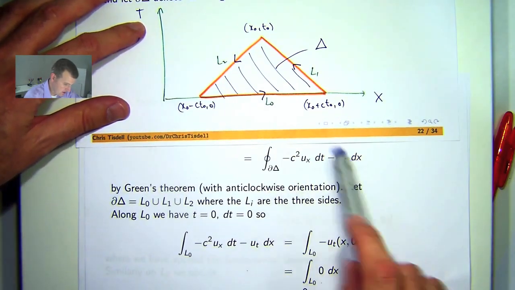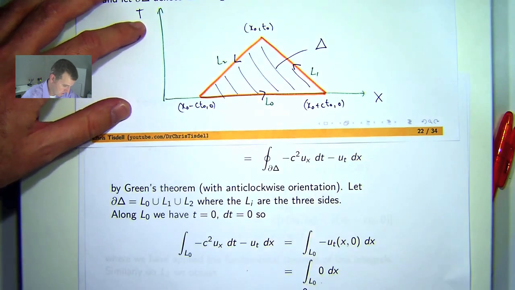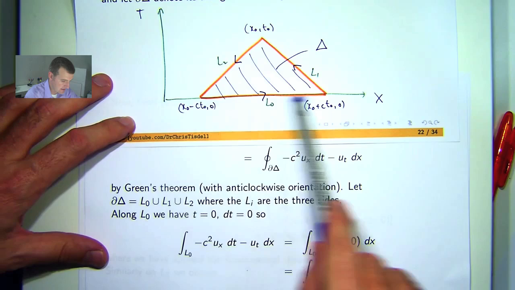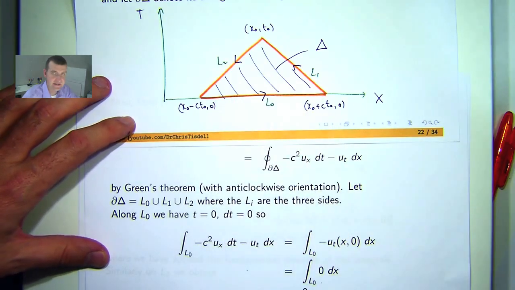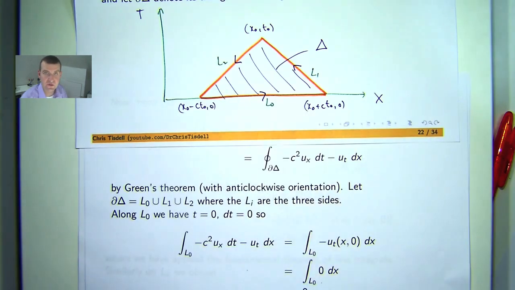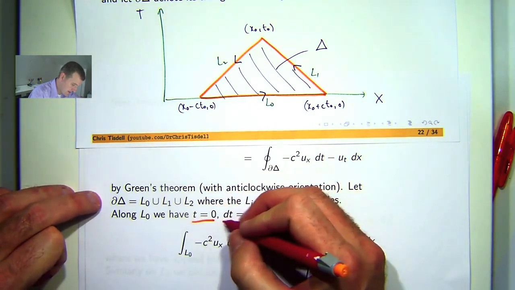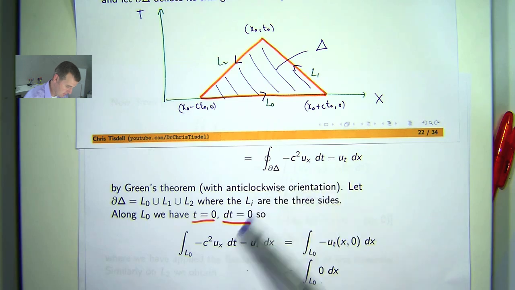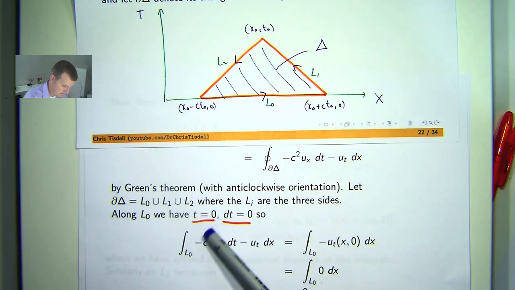Okay, so let's consider this expression on the line segment L1. Now along L1 you can see that basically it's just a line that's parallel to the x-axis. So the t variable is not changing at all. So basically t is 0 and dt is 0. So if I wanted to evaluate this line integral, what I do is I replace dt with 0, so that term's going to disappear, and I can evaluate that term at t equals 0.